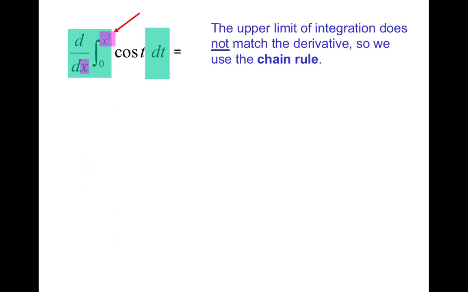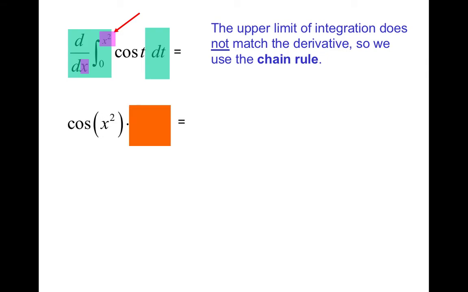Uh-oh. Problem. I say to myself, self, I have a derivative of an antiderivative, but the upper limit of integration does not match. Chain rule. Didn't see it coming, did you? Got to use the chain rule when you're taking the derivative. I want you to think of x squared being in place of x.